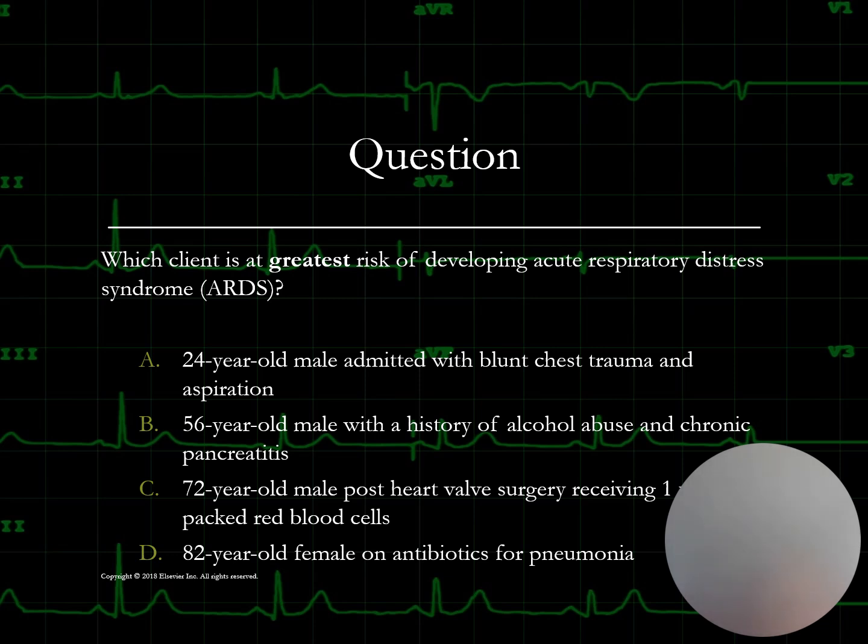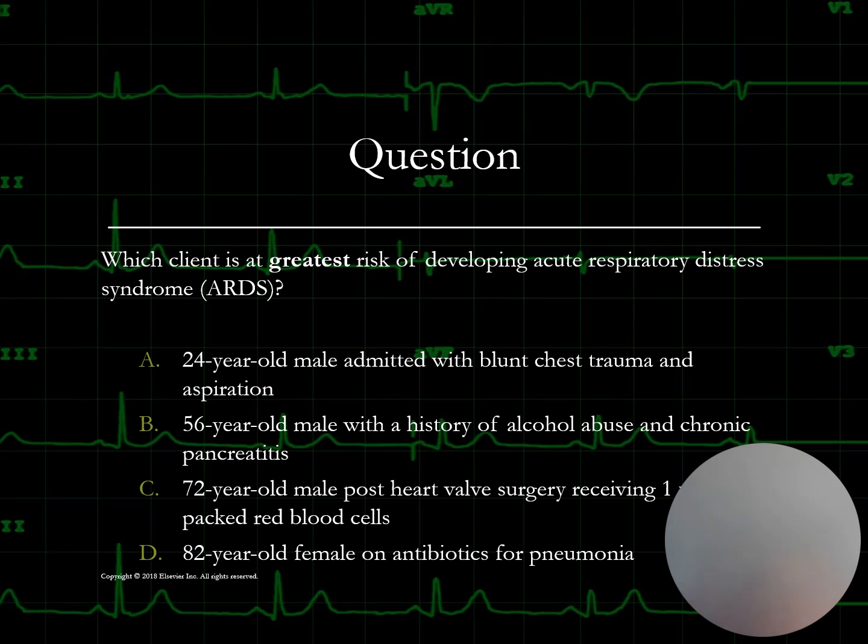Is it the 72-year-old male who is post-heart valve surgery who's receiving 1 unit of packed red blood cells? Or is it the 82-year-old female on antibiotics for pneumonia?